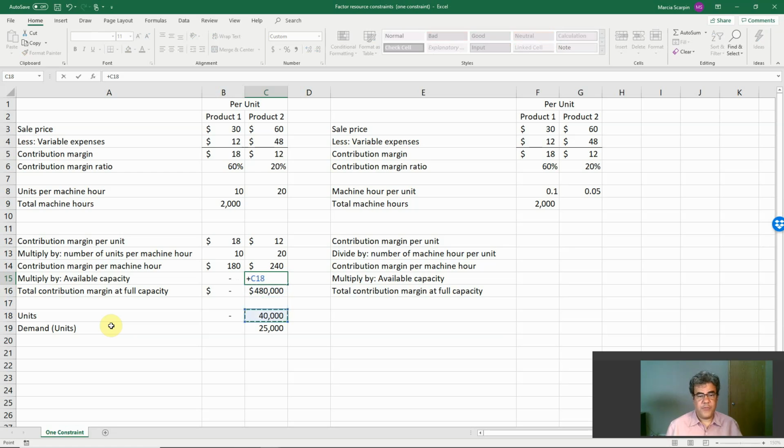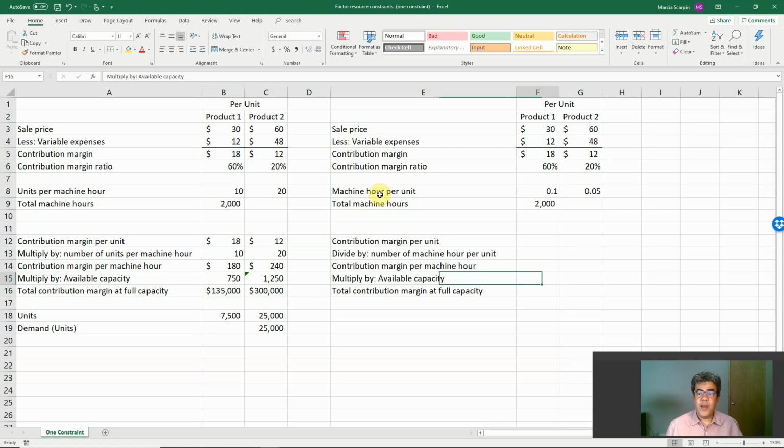We need 25,000 divided by 20 units per hour. So we would be using only 1,250 hours. And then we have 750 hours free to produce product number 1. And then here we would be working with the 2,000 hours.